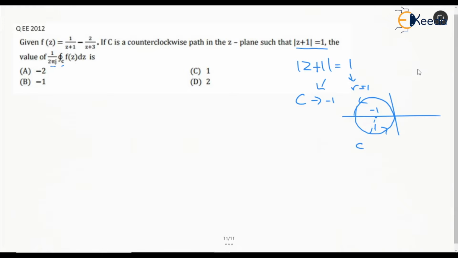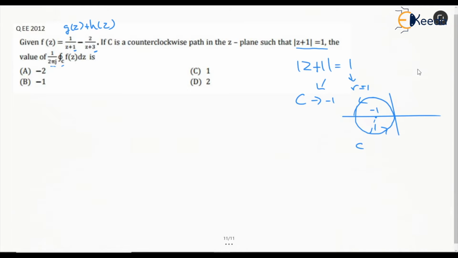Fine. Now let's say this f of z is g of z plus h of z. So this is g of z, this is h of z.